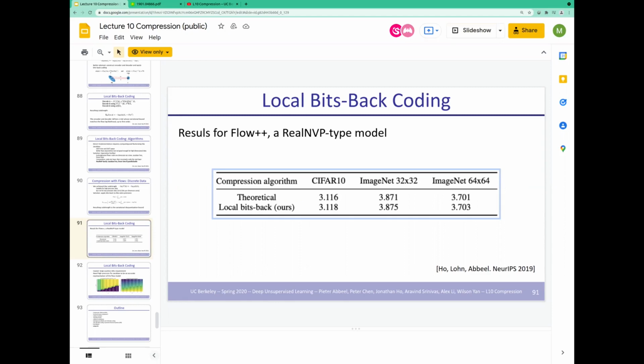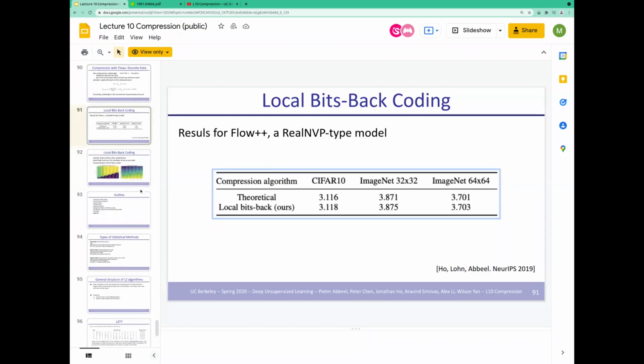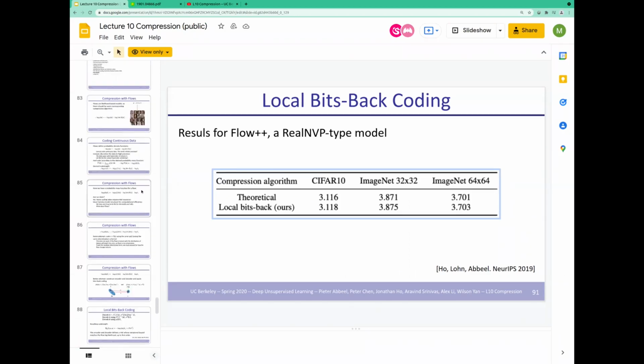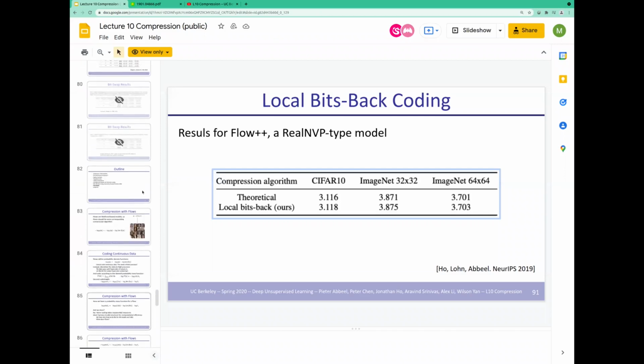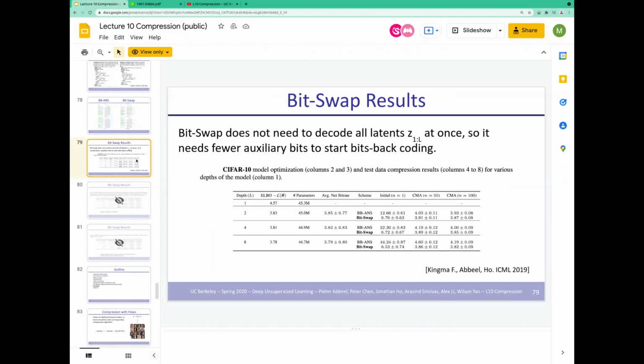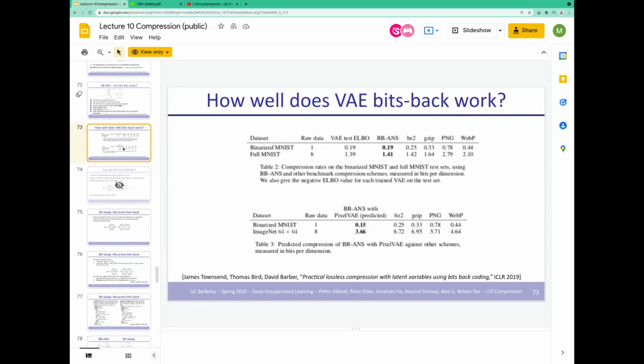That would be more interesting, I think. But there are no text or audio results. It's all ImageNet, image-based.